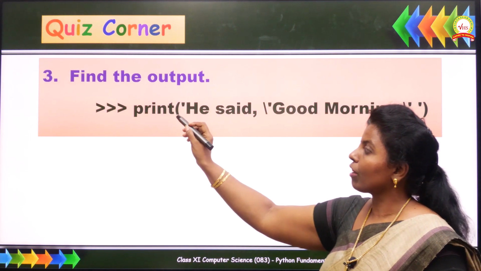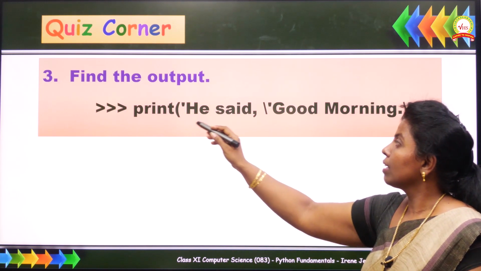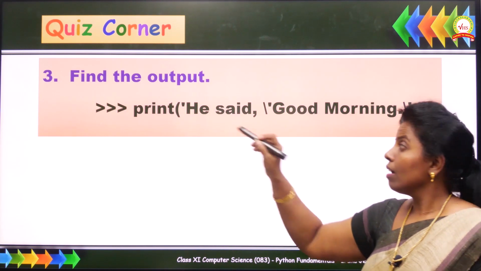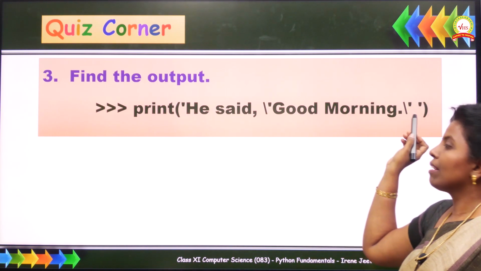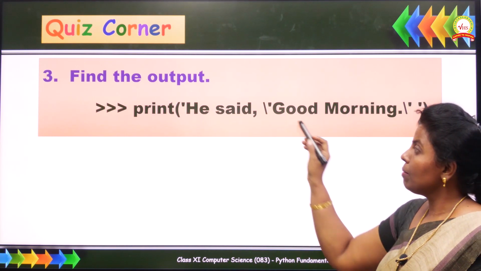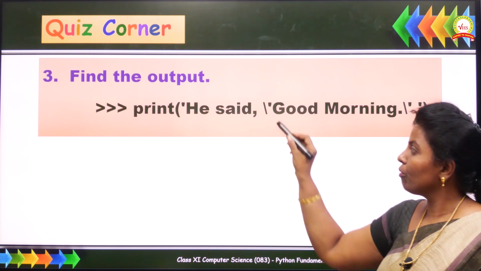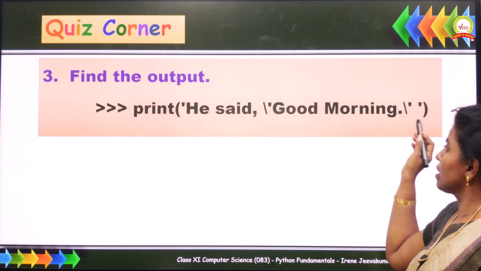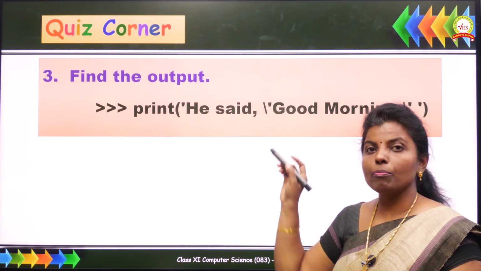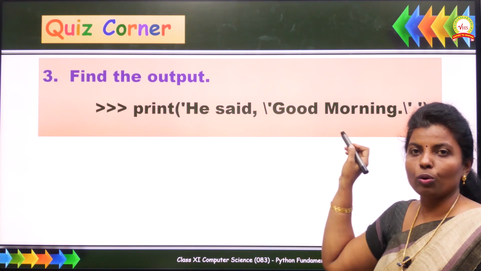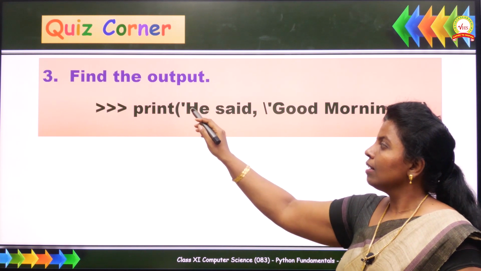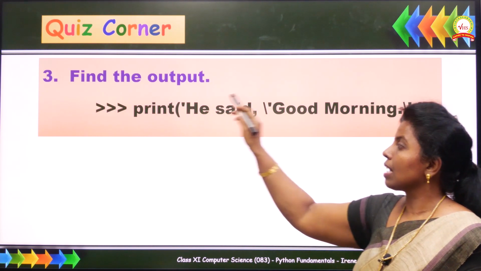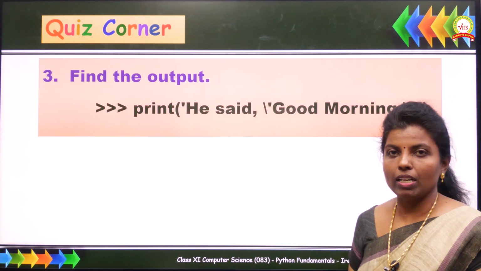The next question is find the output and print he said good morning. Okay, we have started with a single quote and we have ended with a single quote. In between we wanted to have a single quote, so we have used an escape sequence, backslash and single quote, again backslash and single quote. So in place of backslash and single quote, a quote will be printed. In a print statement, the starting and ending quotes will not be printed.